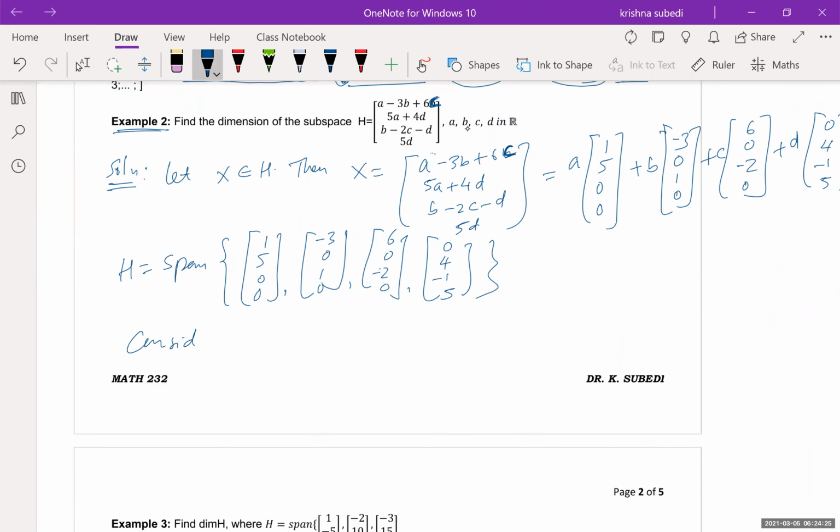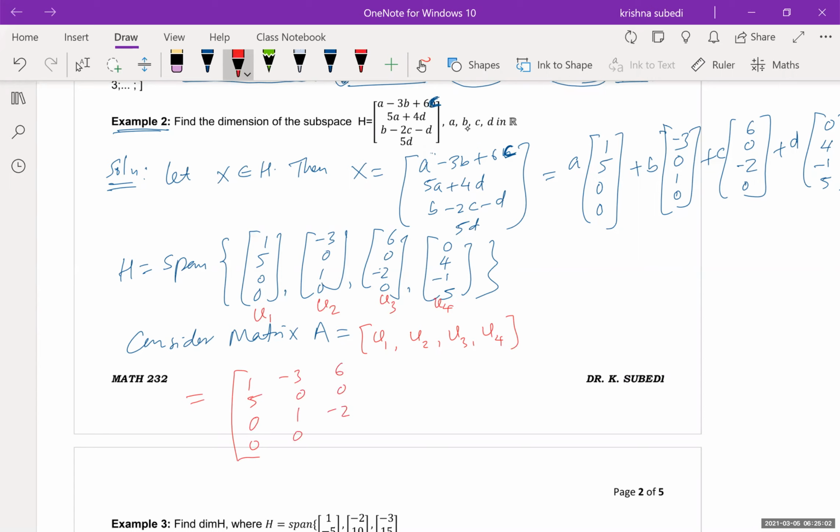So consider matrix A, which will be v1, v2, v3, and v4. What that means is 1, 5, 0, 0, negative 3, 0, 1, 0, 6, 0, negative 2, 0, 0, 4, negative 1, 5.